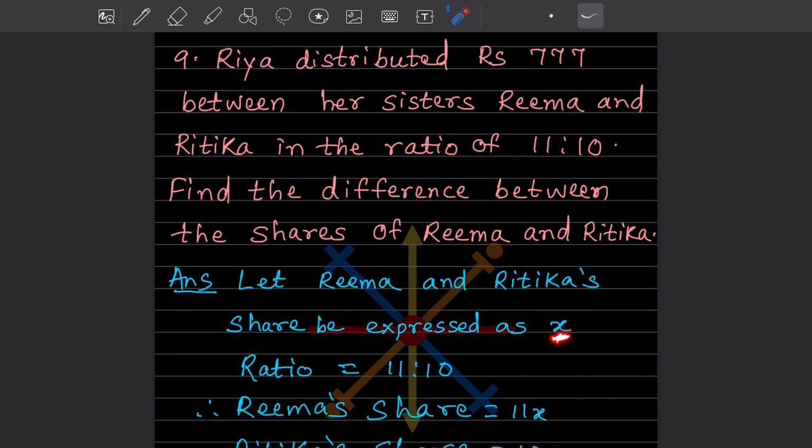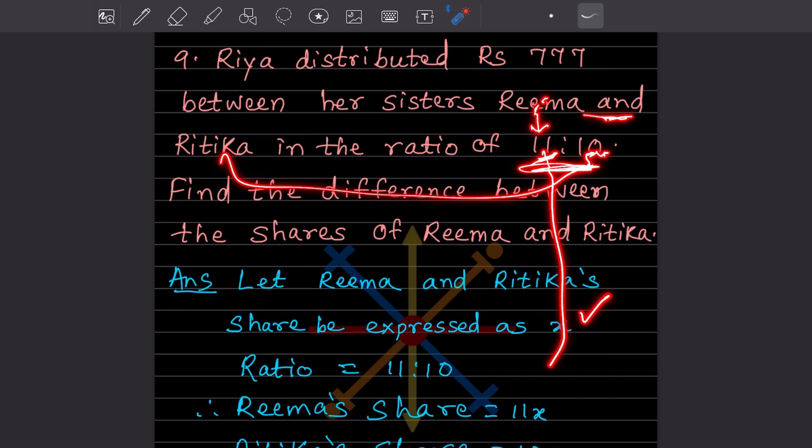We don't know. So the ratio is given as 11 is to 10. This is Reema and this is Ritika. So Reema's share is 11, isn't it? And we have considered this share to be expressed as x. So in place of this, you are going to write 11x.